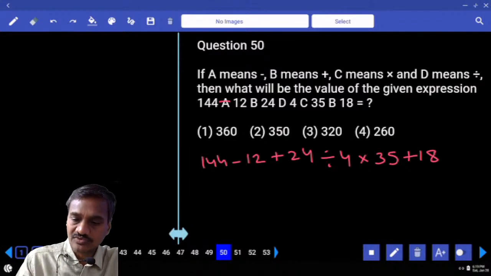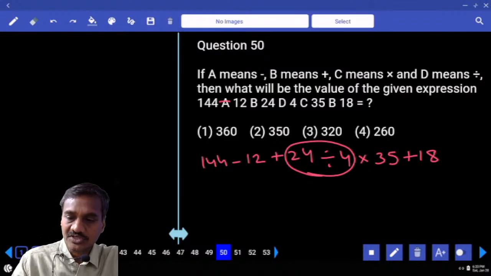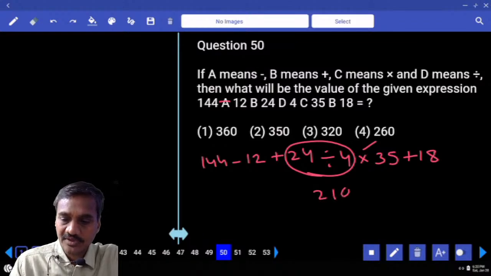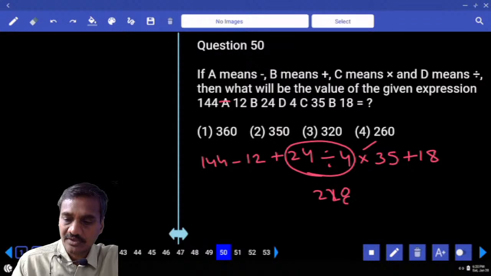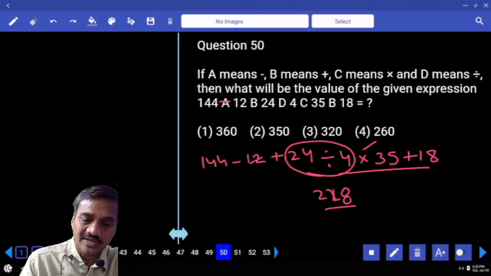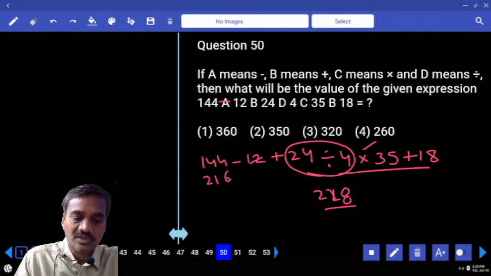First 24 divided by 4 is how much? 6. And 6 into 35 is how much? 210. Now 210 plus 18, 228. Now 228 minus 12, 216.